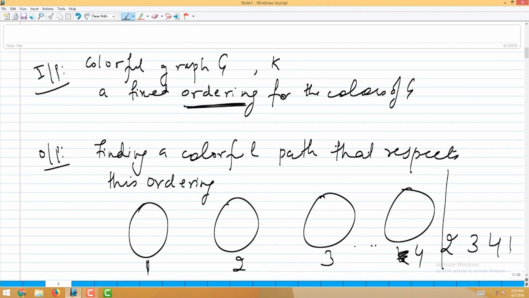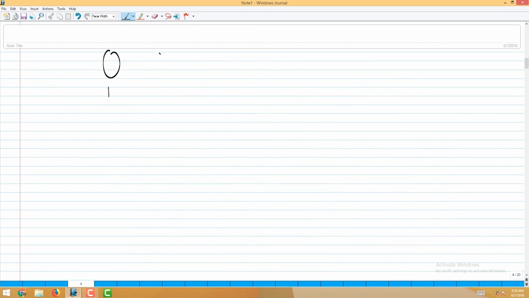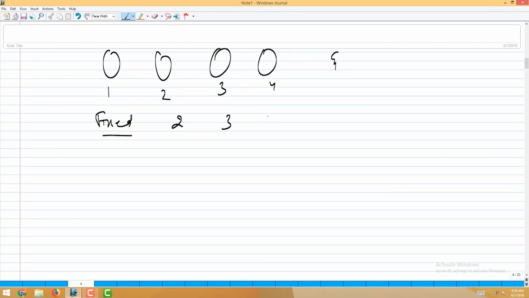So let's see if we can find such a path in the graph. Again, this was the original graph G, and I've fixed an ordering 2, 3, 4, 1. We're looking for a path whose first vertex is from 2, second from 3, third from 4, and the last one from 1.